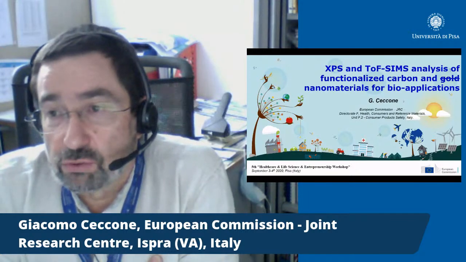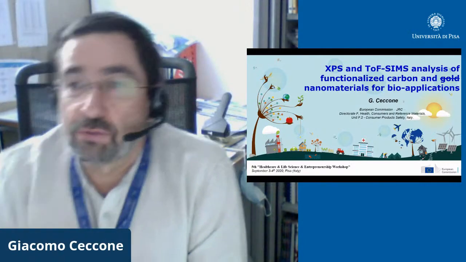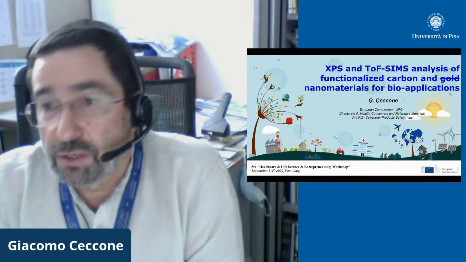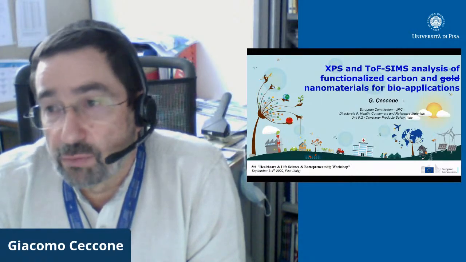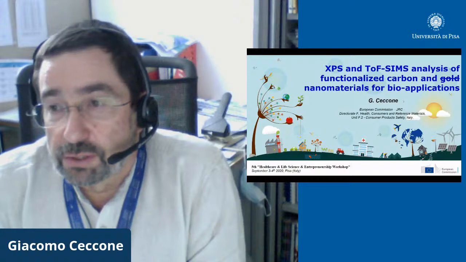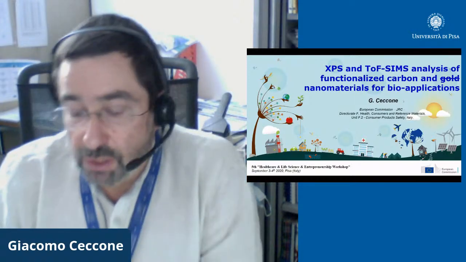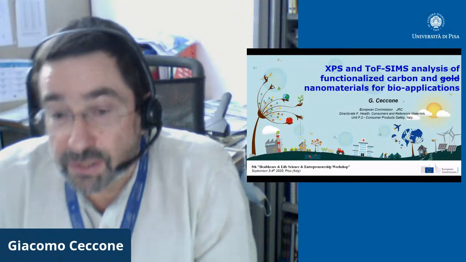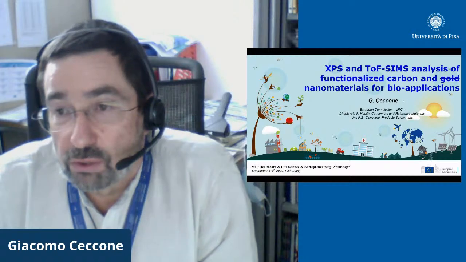So I will try to tell you something about our approach for surface analysis of nanomaterials. I will speak about functionalized carbon mainly. The gold is something that I put in the abstract, but I was a little bit too optimistic in having 17 minutes and trying to talk about all these materials.